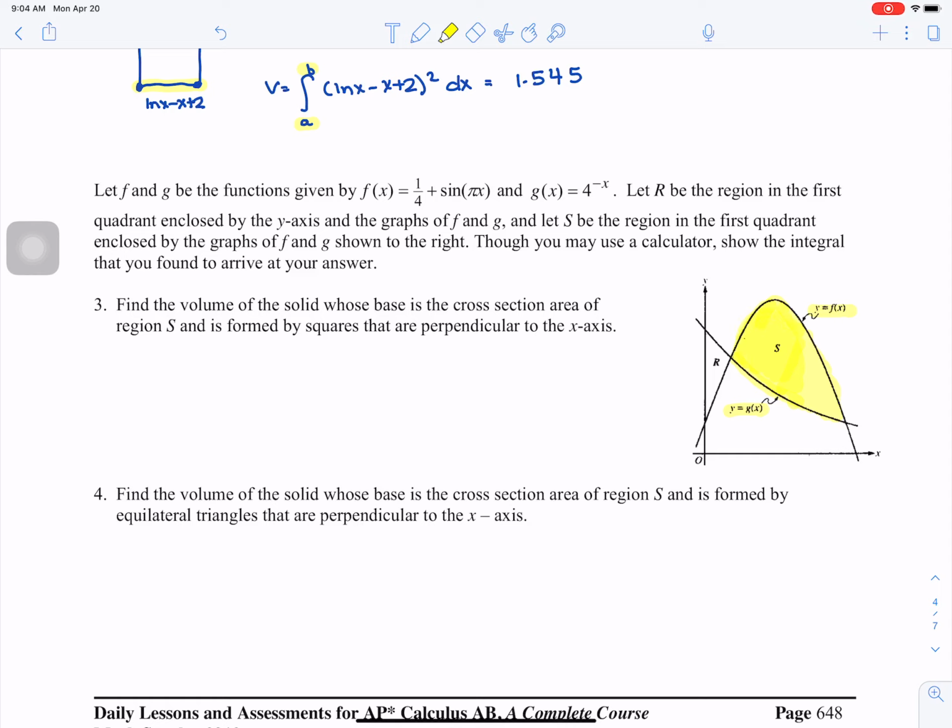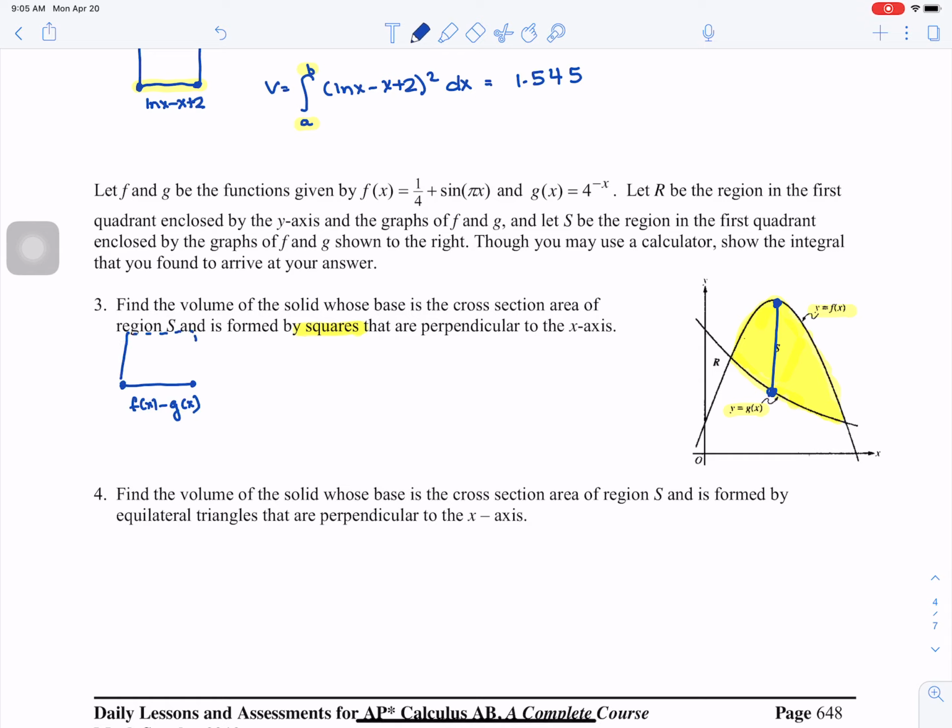We're interested in the volume being formed where cross sections are perpendicular to the x-axis, and the base of the cross section is a square that's protruding out of the paper. So if I draw this, it represents my base, which is f of x minus g of x. And then we're making a square out of that.